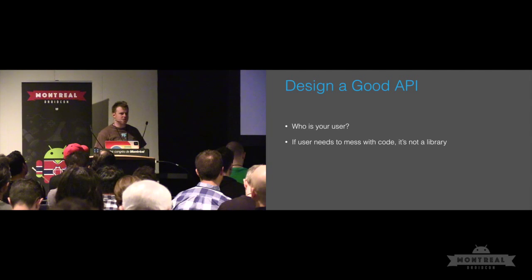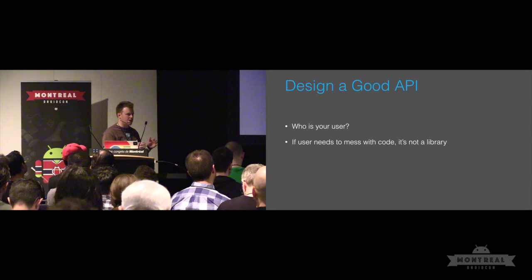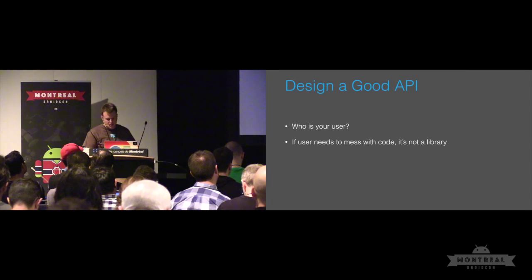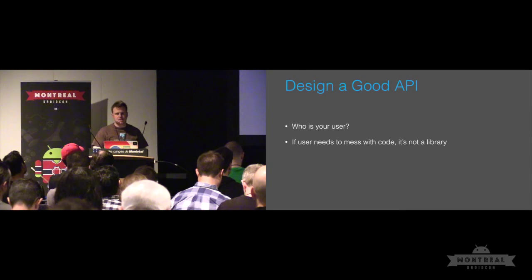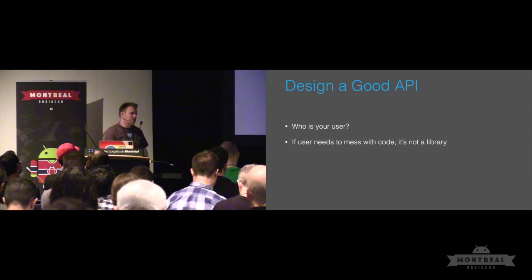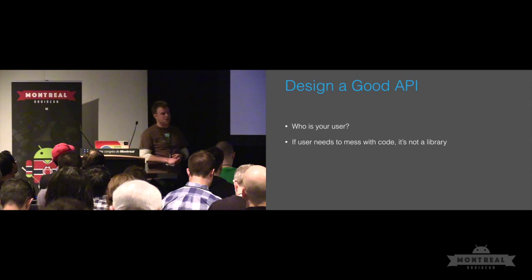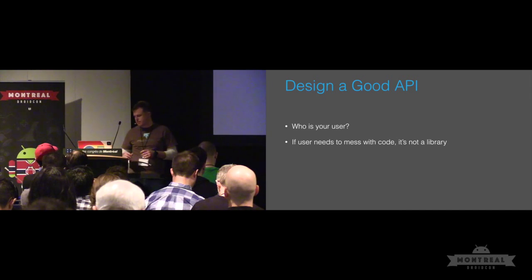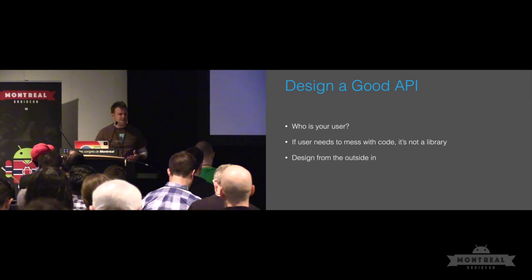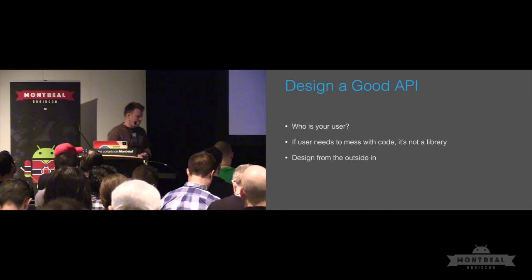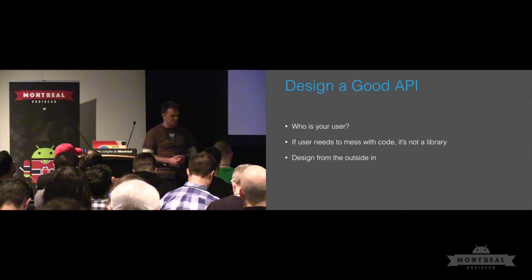But it's really important to have a good separation of app code and library code. One of the things that I like to do when I'm designing APIs for a library, to not only make it a good API but make sure that there's good separation of app code and library code, is to design from the outside in. And by that, what I mean is I like to design an interface first, right?